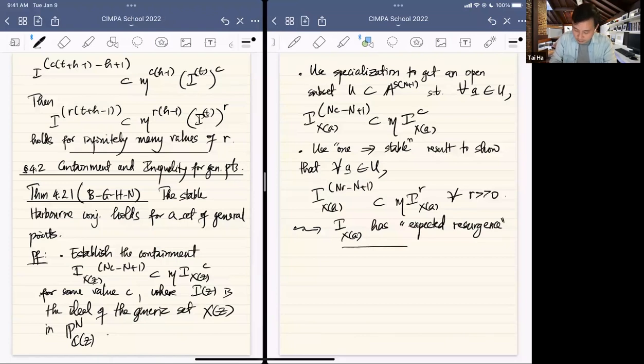So that's the idea of proving stable containments, and of course for stable containment you have Demailly and Chudnovsky. For example, the next one would be a theorem. Maybe I put out a theorem here.